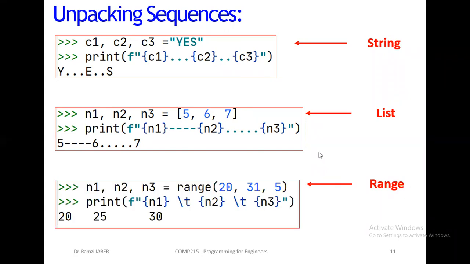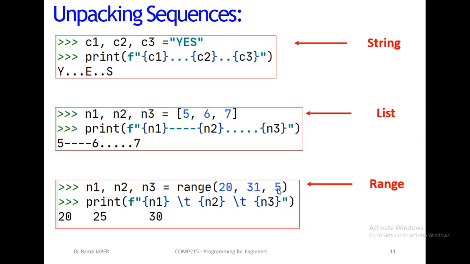Also, we can unpack a range. Here, the range: N1, N2, and N3 equal range(20, 31, 5). The first element will be 20, incremented by 5. The step here is 5. And the maximum number will be 31 minus 1.